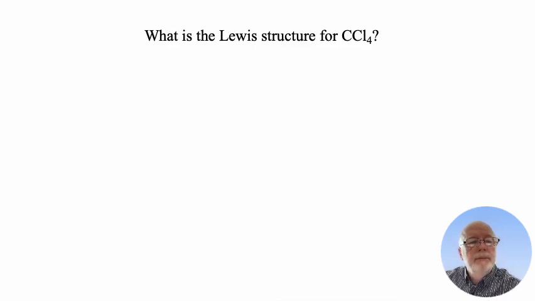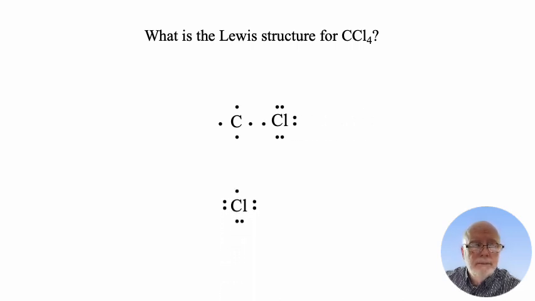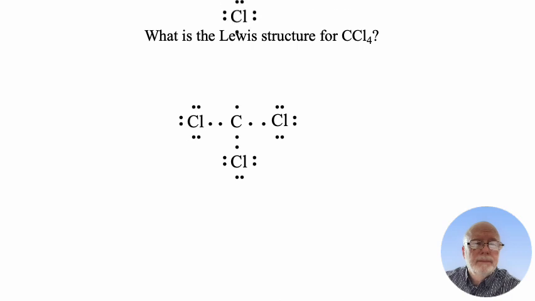Now how about this one? What is the Lewis structure for CCl4? So I start off with my carbon atom, and then I bring in a chlorine, and I bring in another chlorine. Notice that I'm bringing them all in with their unpaired electrons facing each other. And then I can bond them all together.